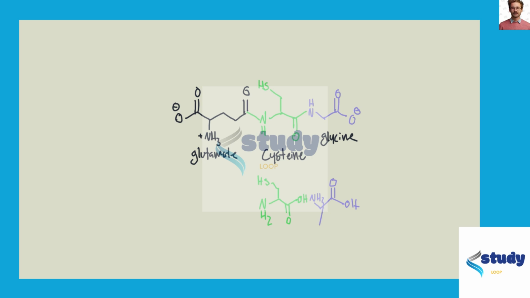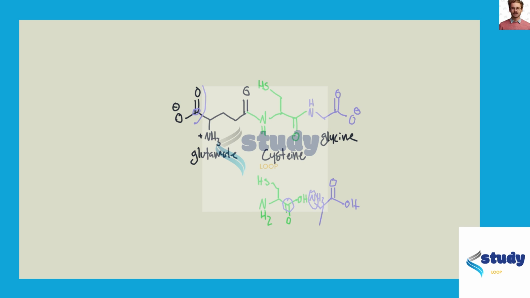So what you'll notice is that we're joining the nitrogen of one carboxylic acid to the carbonyl carbon of the next. Well, glutamate is interesting because rather than joining to the carboxylic carbonyl carbon, that is, where we would expect cysteine to be bound, it is bound to the carbonyl in the side chain of glutamate.